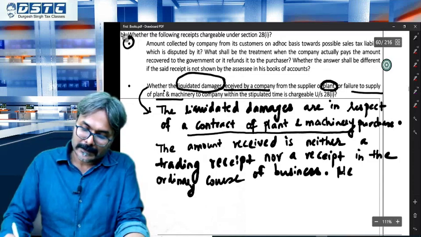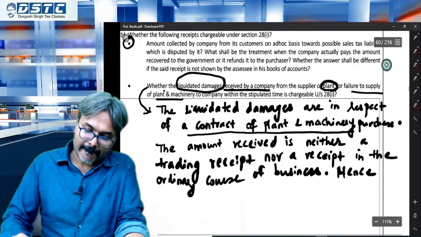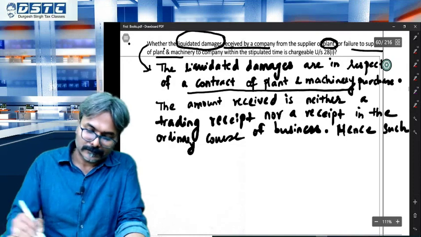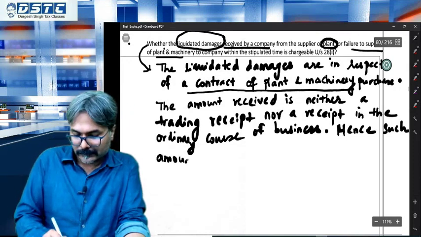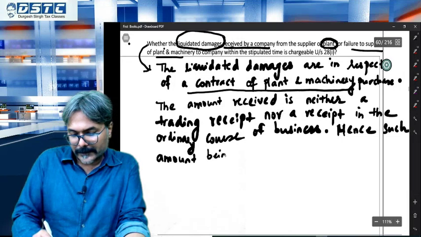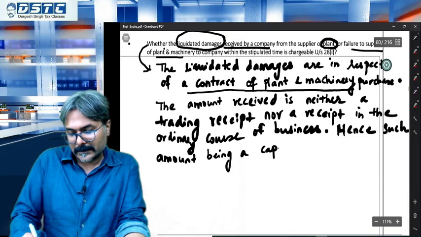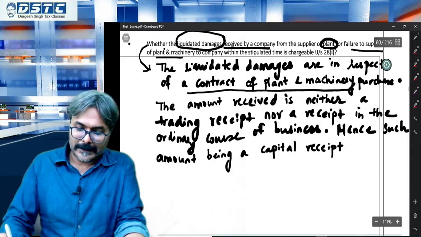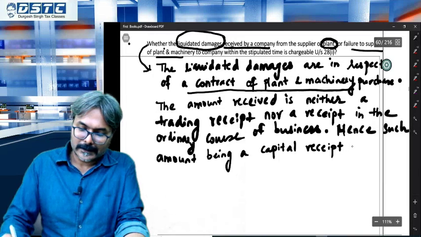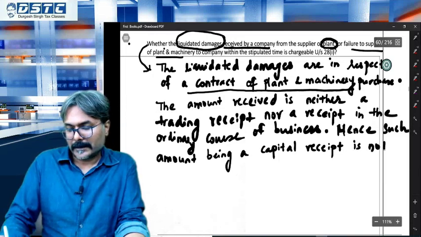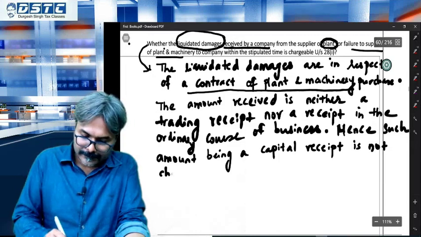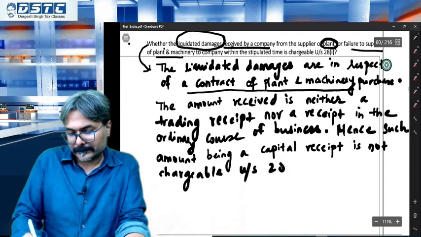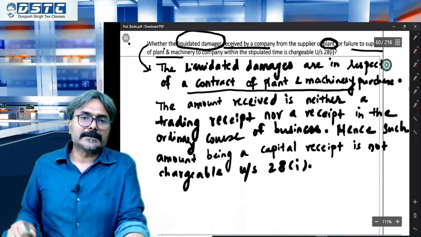Hence, such amount, being a capital receipt, is not chargeable under section 28.